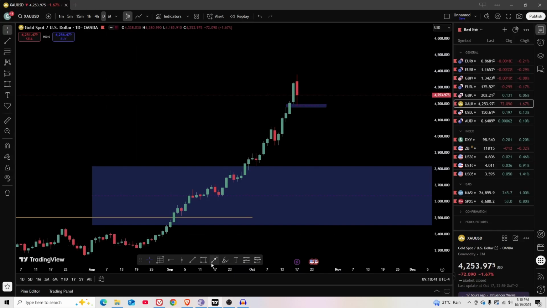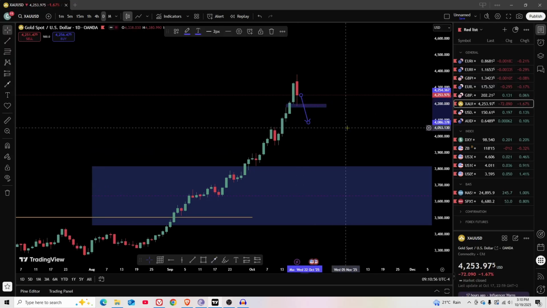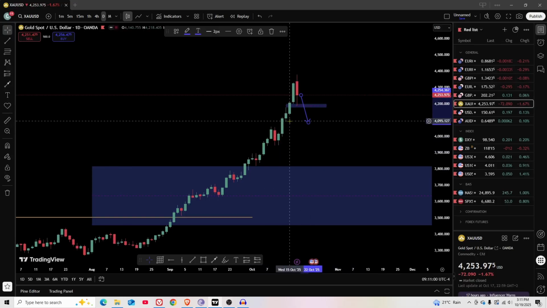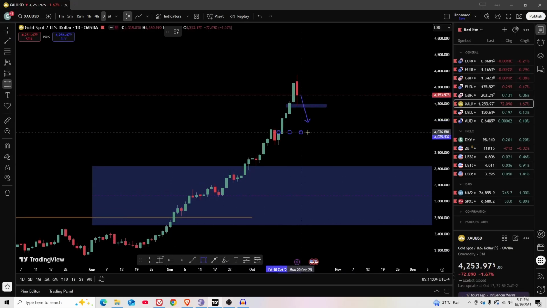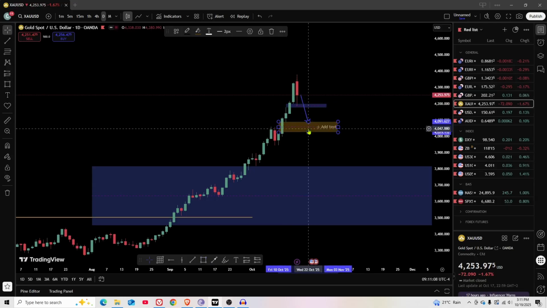But if the market opens next week, makes a high, then makes a low, and closes below this fair value gap, then I'll be bearish up until this fair value gap over here.